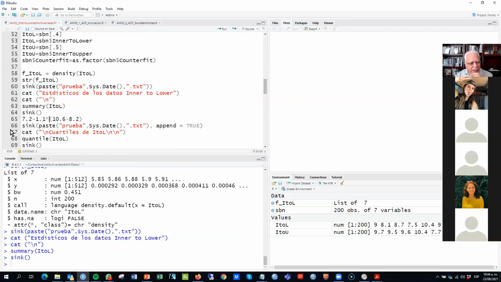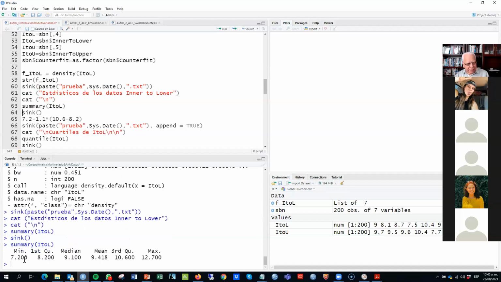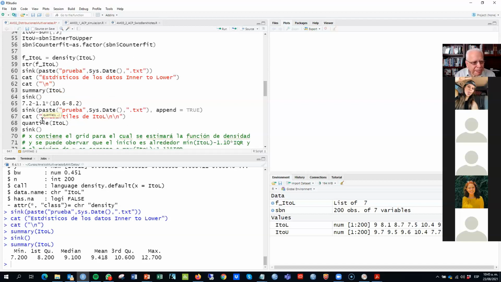So we now have a summary of the statistics: the minimum, the first quartile, the median, the mean, the third quartile, and the maximum. Now, I'm going to stop doing the sinks. Well, I'll do this one, because you may want to keep appending to a file that we already created.